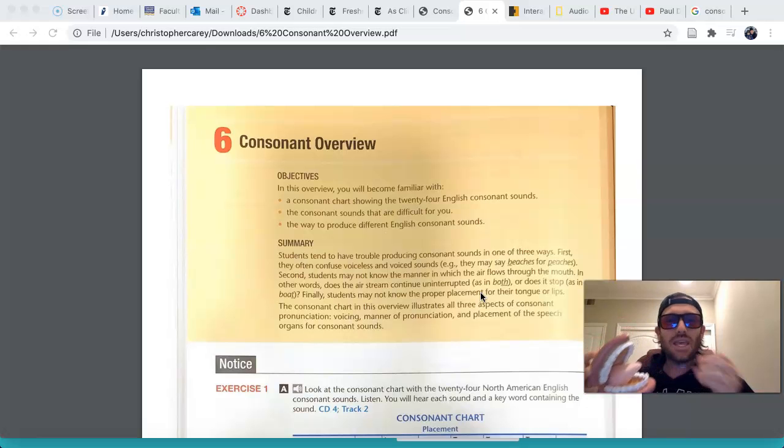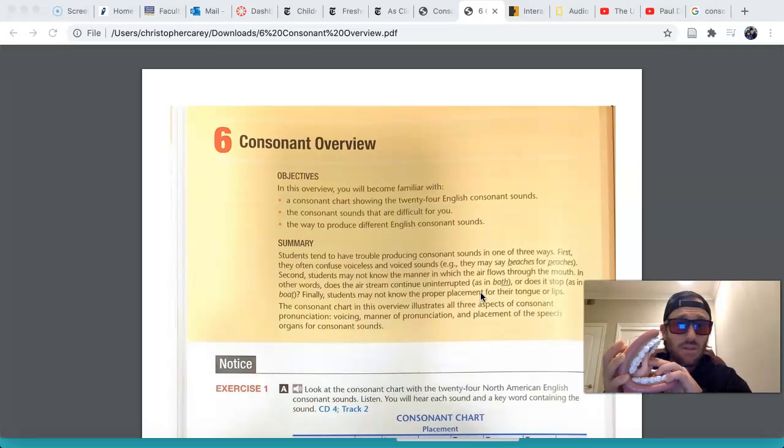Our mouth is the instrument via which we produce vowel and consonant sounds. And as we looked at in the previous chapter with vowel sounds, the placement of the tongue, if it's toward the front, or the central or middle or the back, has a big difference on the production of sound.